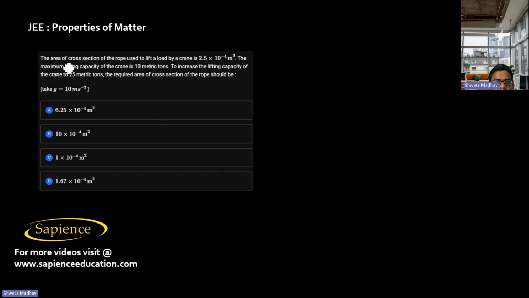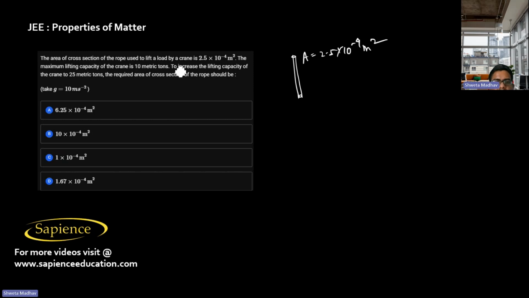Then here it is told the area of cross section of the rope used to lift a load by a crane is 2.5 into 10 power minus 4 meter square.